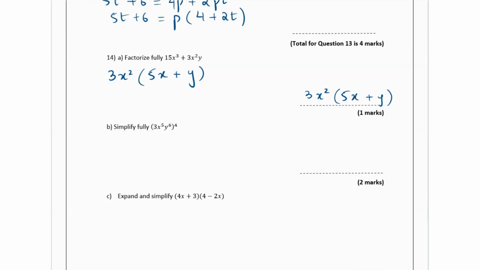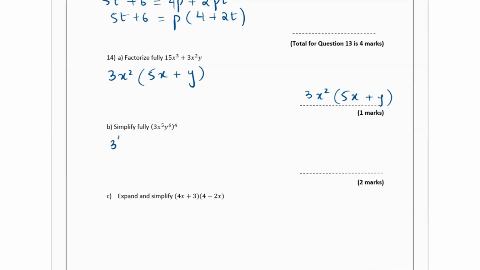So this is it. Then simplify fully (3x to the power of 5, y to the power of 6) whole power 4. So whenever we have a power outside the bracket and inside the bracket, we multiply the powers. And the power gets distributed on the coefficient as well.